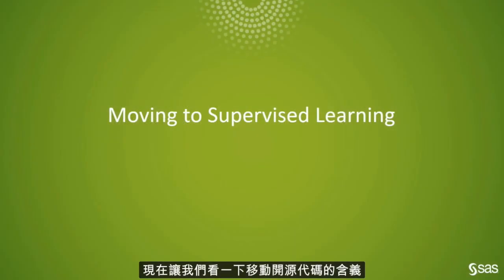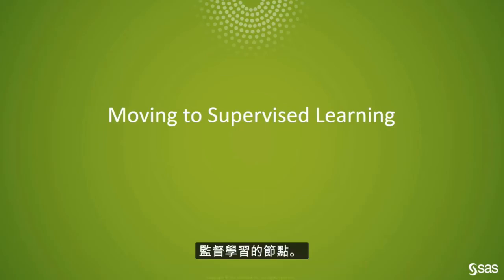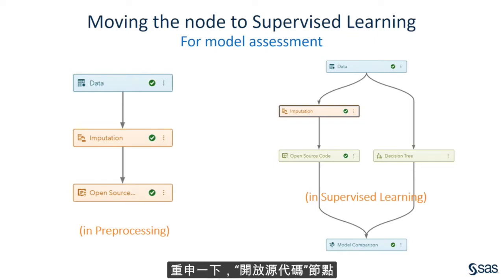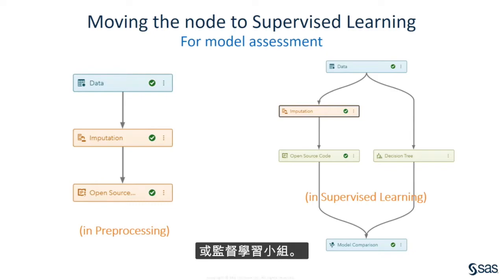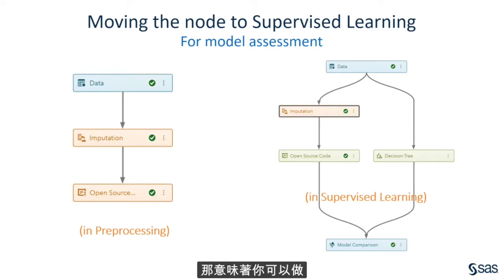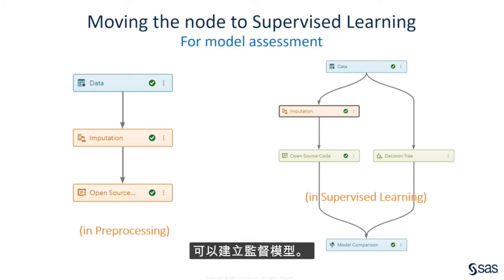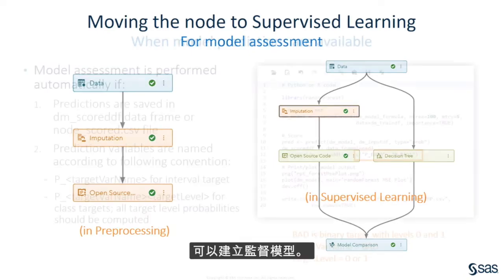Now let's look at what it means to move the open source code node to supervised learning. To reiterate, the open source code node can be executed in the pre-processing group or supervised learning group. What that means is that you can do pre-processing work in this node or you can build supervised models.